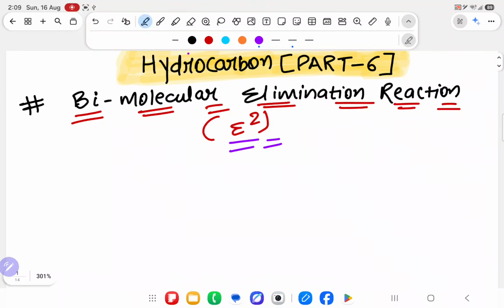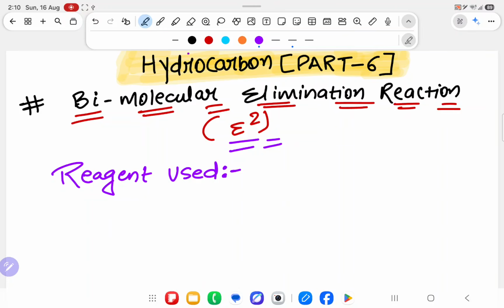Now, first of all, we have to know what reagent can be used in this reaction. The reagent used over here is a base. Which type of base? I will show you, don't worry.